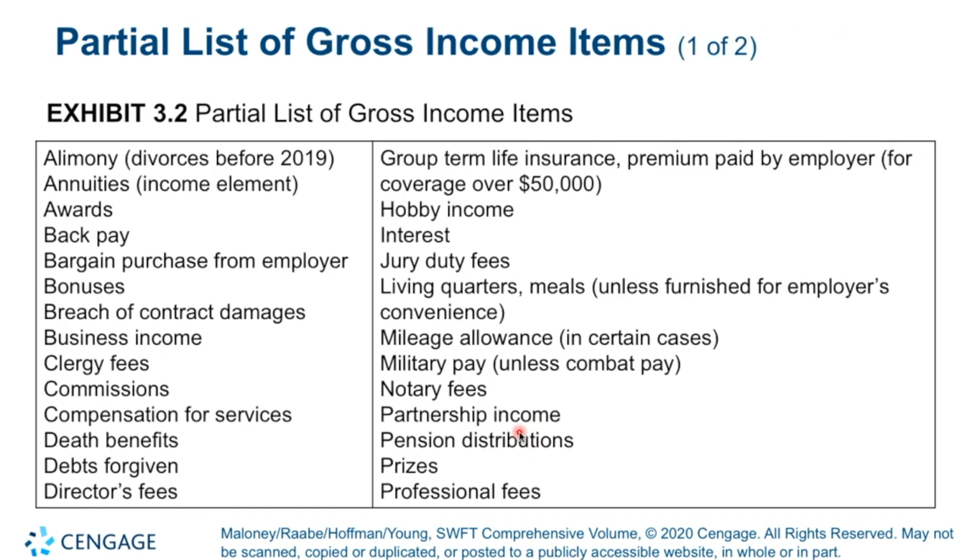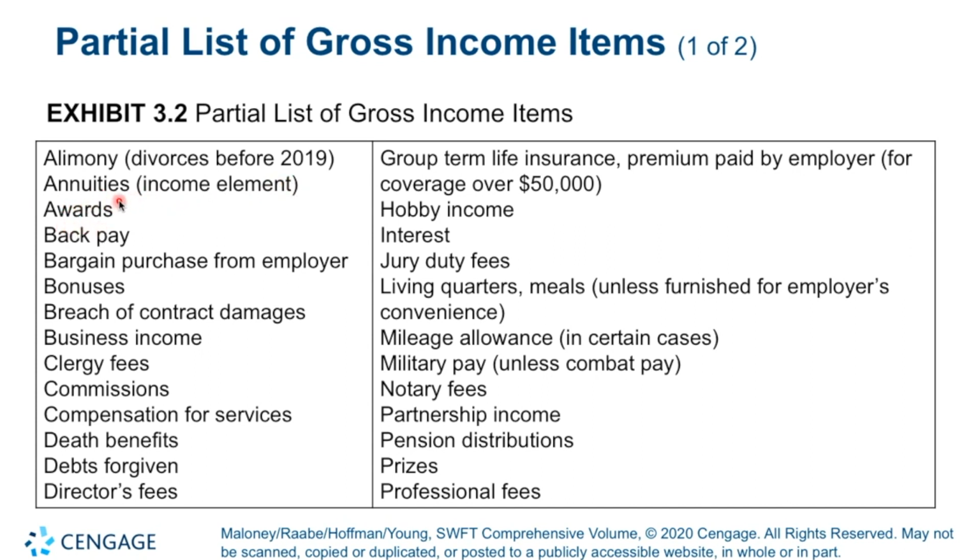Okay, so we're continuing here with a partial list of gross income items. These are things that you do include in income. You can see alimony prior to divorces starting in 2018, annuities, awards.